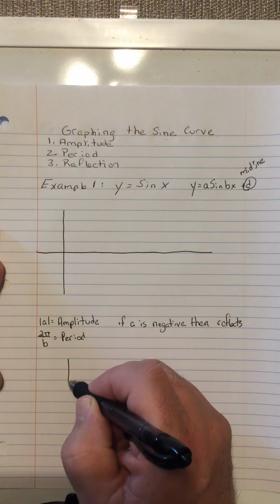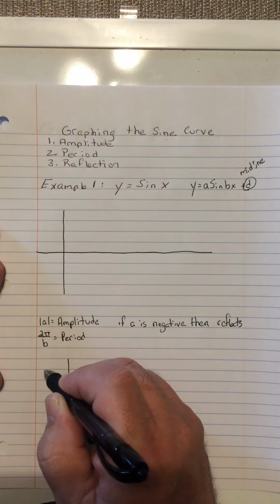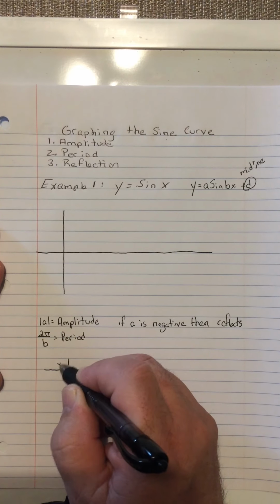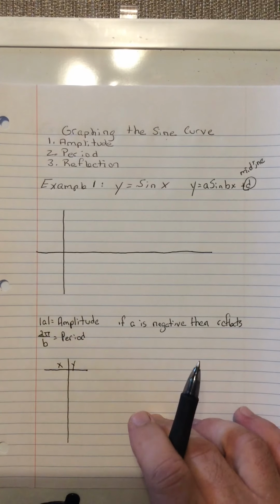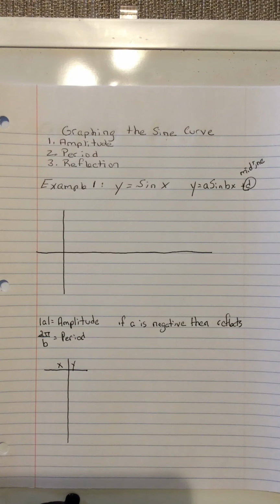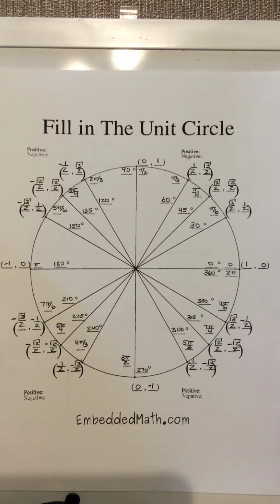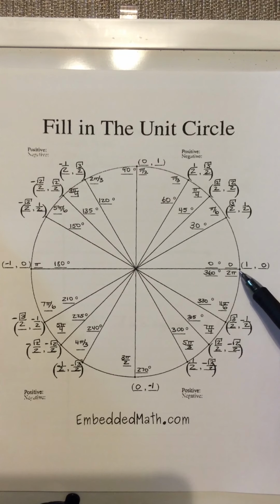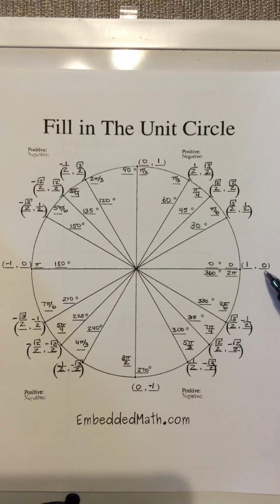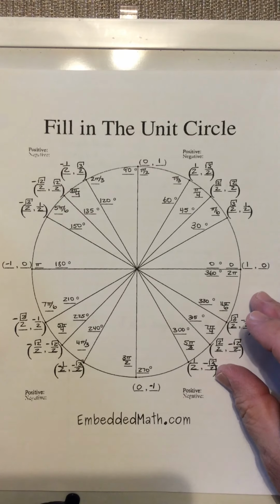So a quick XY table, and we're going to bring in our unit circle real quick again. If x is 0, instead of y being 1, it's going to be 0 now. So here's what happened.